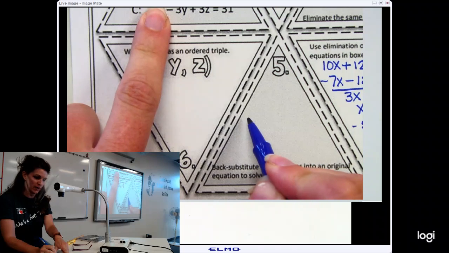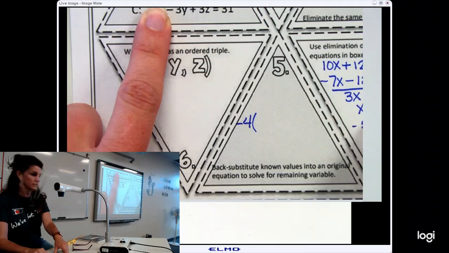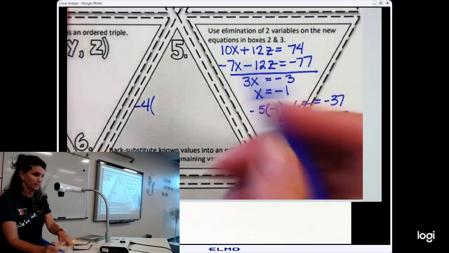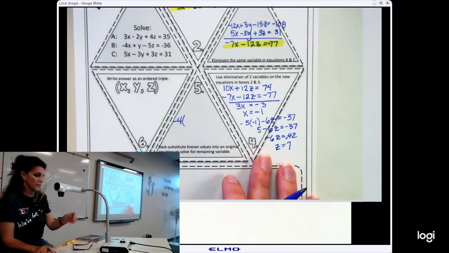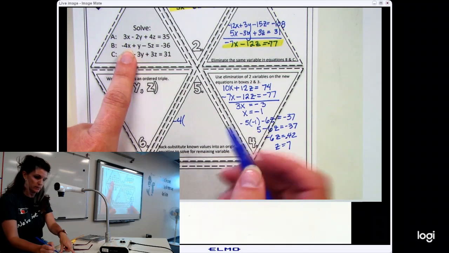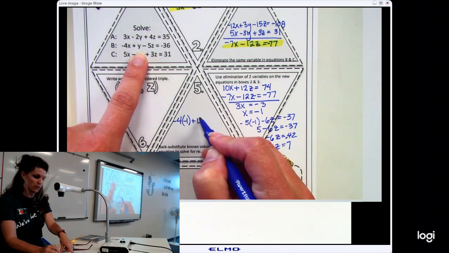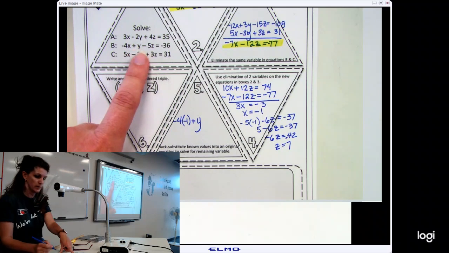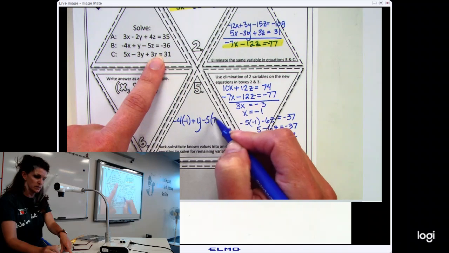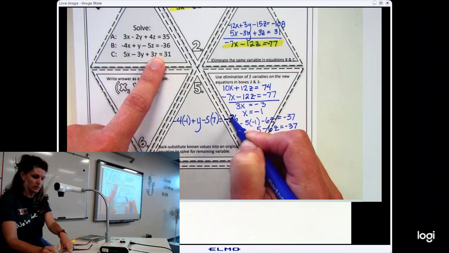All right, so here we've got -4. I know what x is. What was x? -1. Now I'm going to zoom out for a minute so I've got this all on there because I keep pointing to things. All right, so I've got -4 times -1 plus, I don't know the y. That's what we're solving for. In fact, that's why equation B here was a fabulous one to pick. Minus 5 times z equals -36. And there I'm doing it again, Cambry.